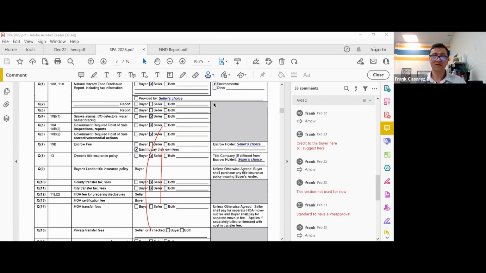We are agents, we are realtors, and our duty is to give only an obvious and visible assessment, an opinion of things. We're not contractors, we're not biologists, we're not engineers, none of that.